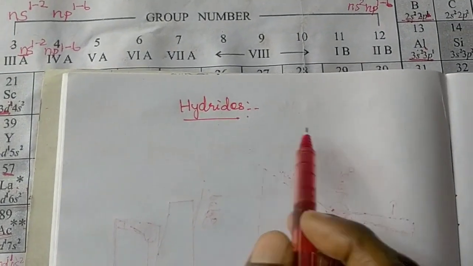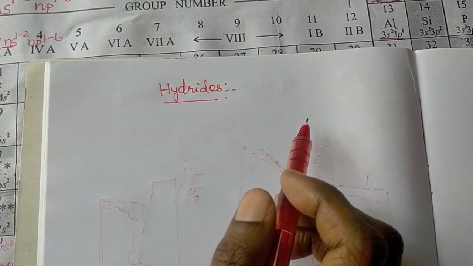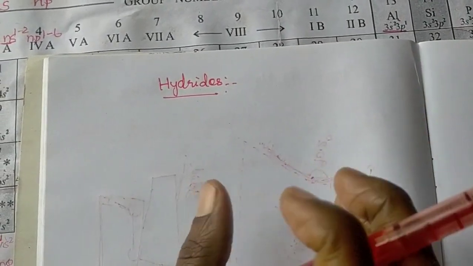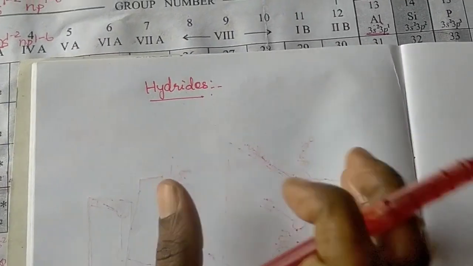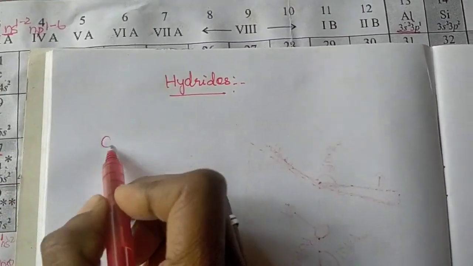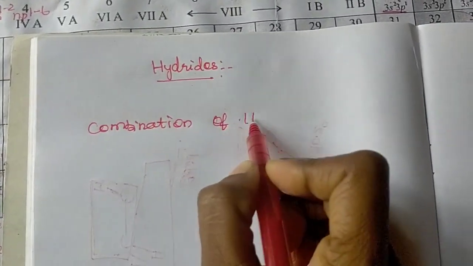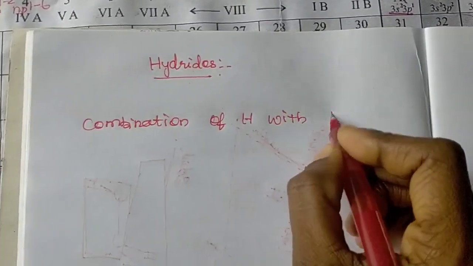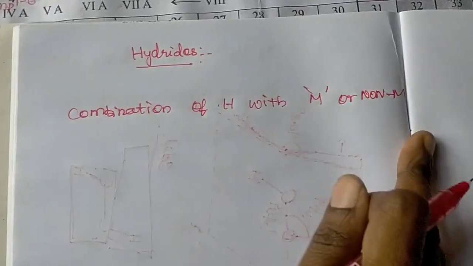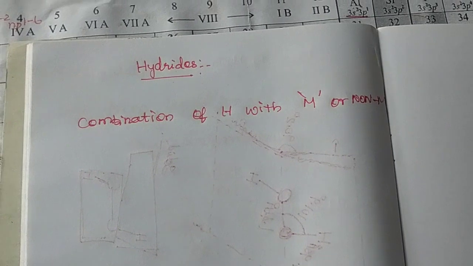The next topic in this hydrogen unit is hydrides. Hydrides are formed when hydrogen is combined with electropositive elements like metals and non-metals. The combination of hydrogen with metals or non-metals can produce hydrides.